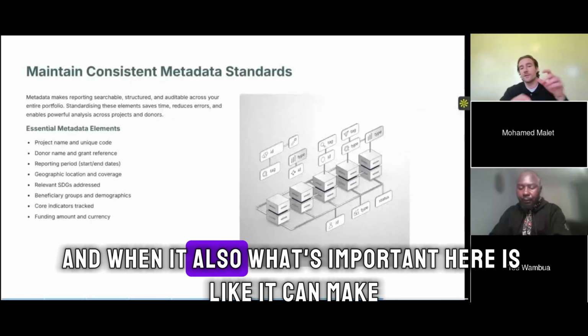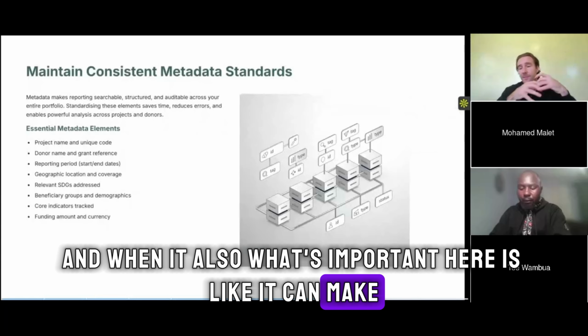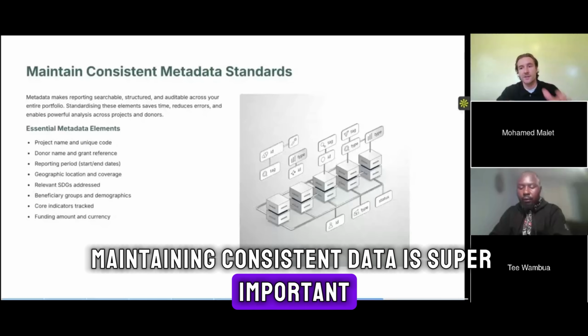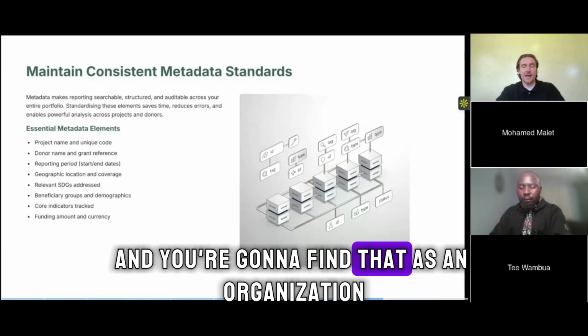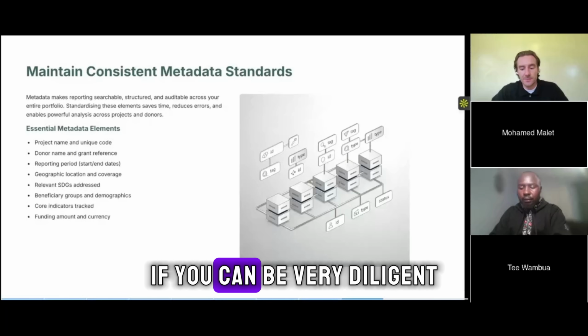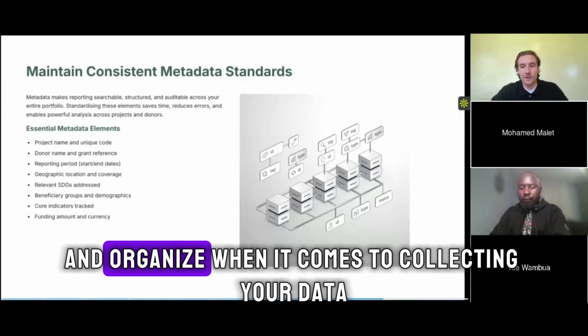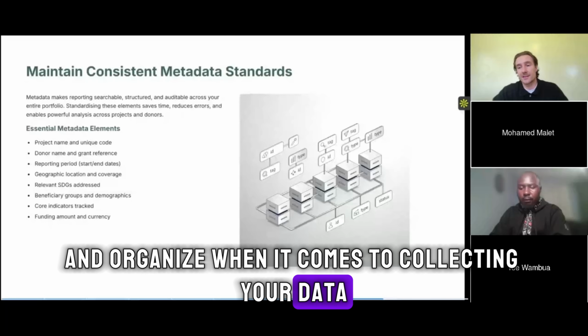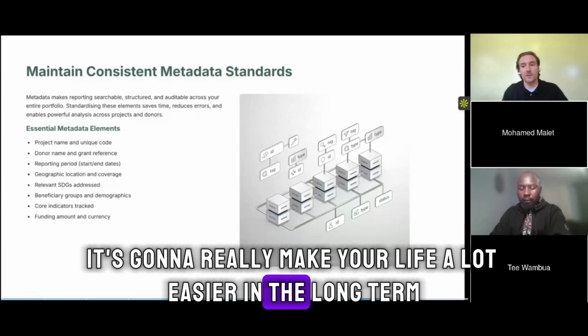And what's important here is that maintaining consistent data is super important. You're going to find that as an organization, if you can be very diligent and organized when it comes to collecting your data, it's going to really make your life a lot easier in the long term.